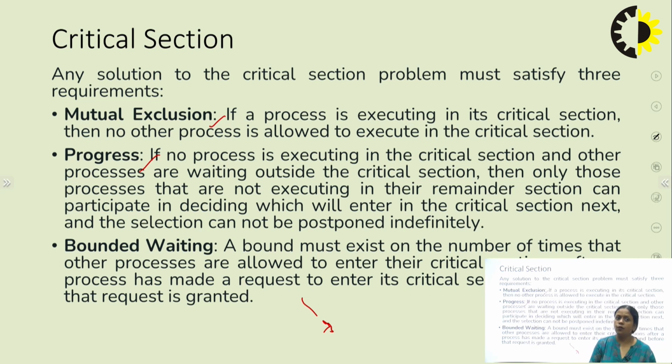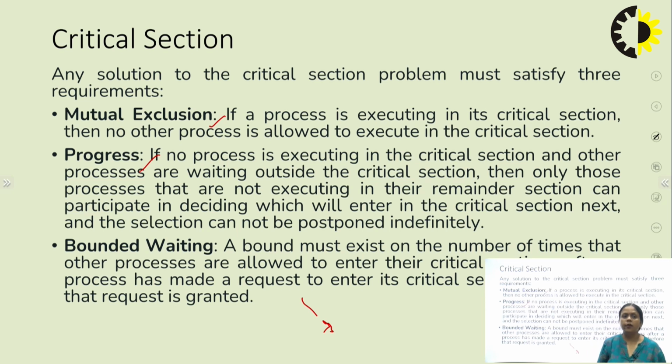Progress means if no process is executing in the critical section and other processes are waiting outside the critical section, then only those processes that are not executing in their remainder section can participate in deciding which will enter the critical section next, and the selection cannot be postponed indefinitely.